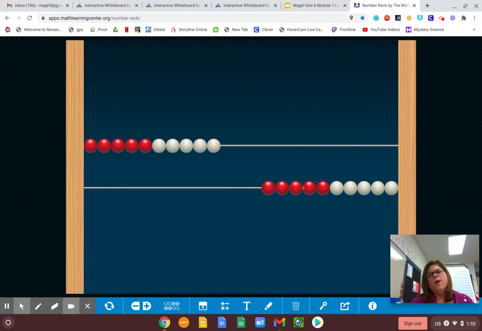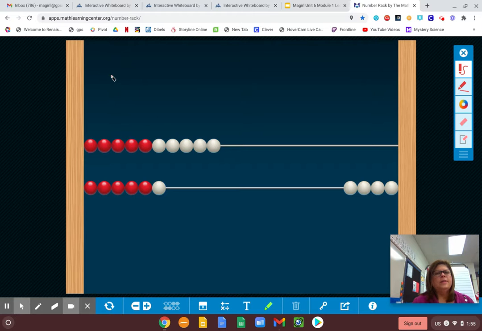Here's 5 red, and 1 more makes 6. So look at that. How many fish did she eat all together? Well, we had 10 fish on the top line plus 6 fish she ate.